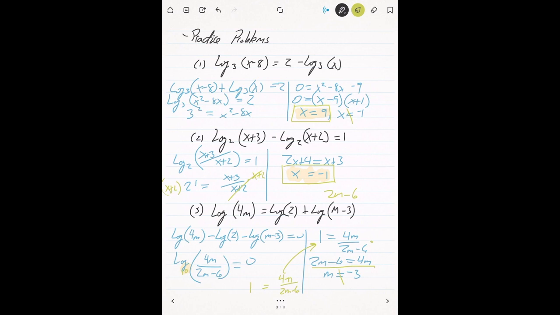One thing you should notice right away: can you plug negative 3 in here or here? No, because if you plug in negative 3, you get a negative 12 for the argument right here, or you would get a negative 6 for the argument here. So we should be saying to ourselves, obviously, this negative 3 is an extraneous solution. Hopefully these problems are making sense.